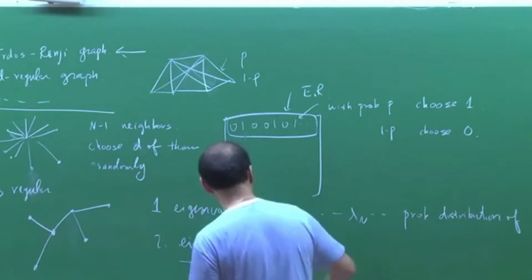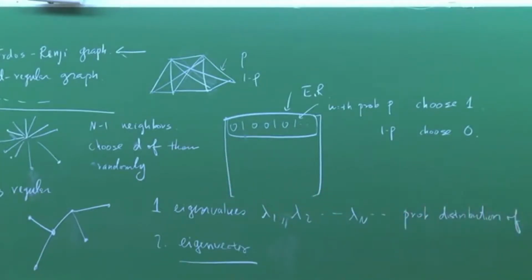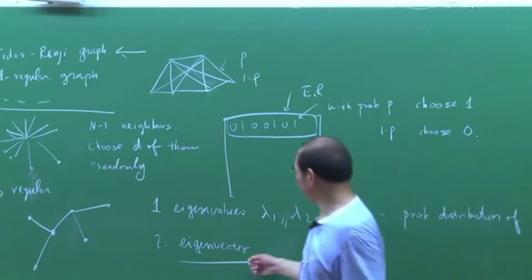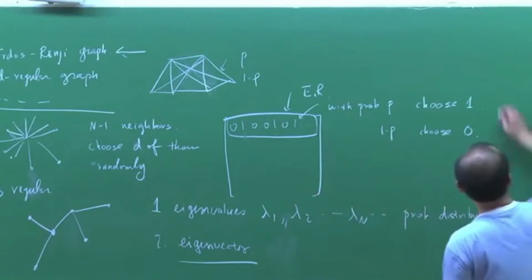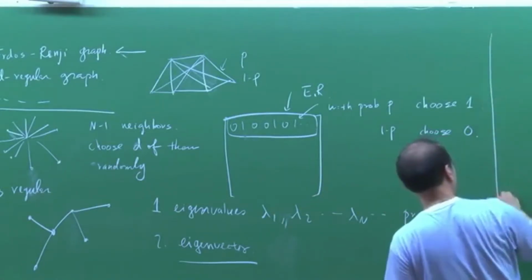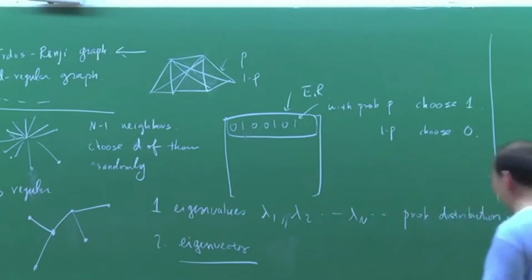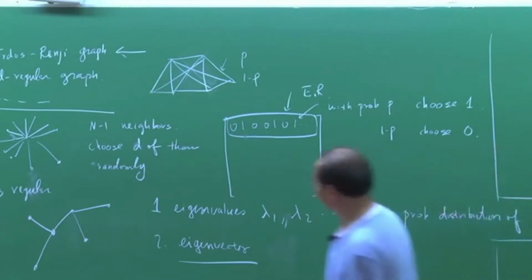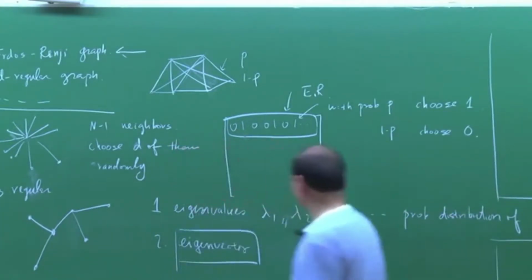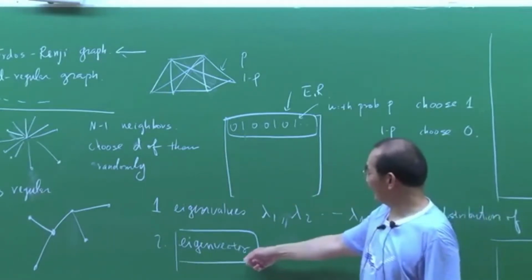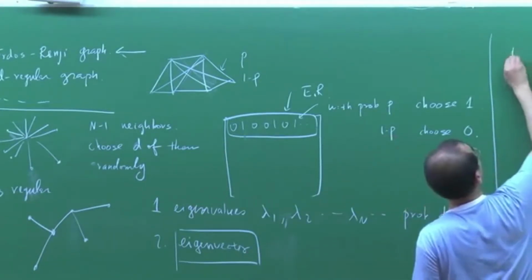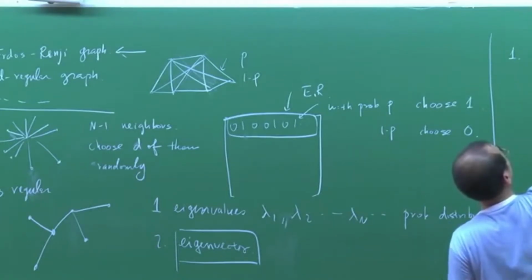I will not write the details because we will also talk about eigenvectors later on. The reason we are interested in eigenvectors is for 2 reasons. One is there's something called quantum unique ergodicity.